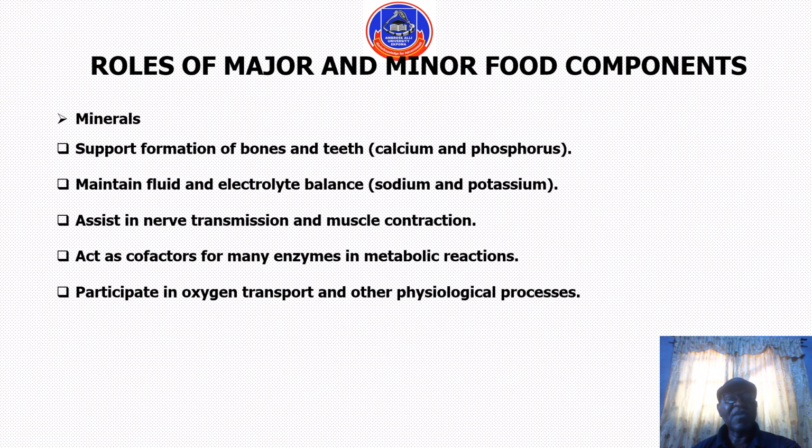Apart from their formation, they make them tough. They maintain fluid and electrolyte balance, as in the case of sodium and potassium. They assist in nerve transmission and muscle contraction, and act as cofactors for many enzymes in metabolic reactions. They participate in oxygen transport and other physiological processes.